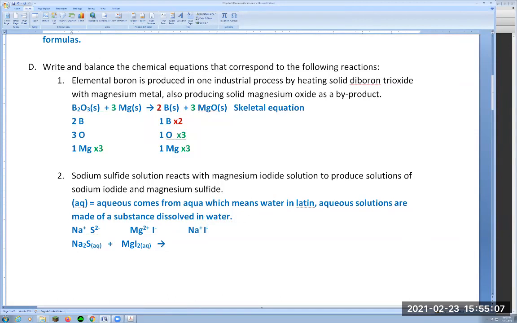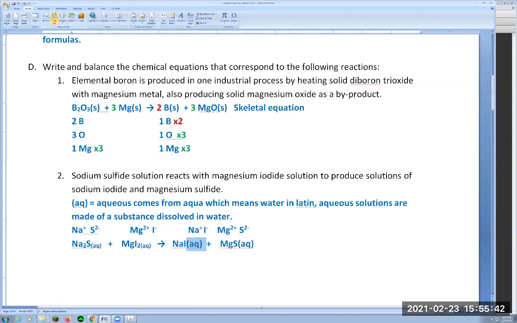So one of each ion will make this a neutral formula. So that's going to be the formula for sodium iodide, NaI, and then magnesium sulfide. So it's going to be magnesium with sulfur. You can see the 2+ from the magnesium will cancel the 2- from the sulfur. So again, one of each ion is enough to make this a neutral formula. So it's MgS.